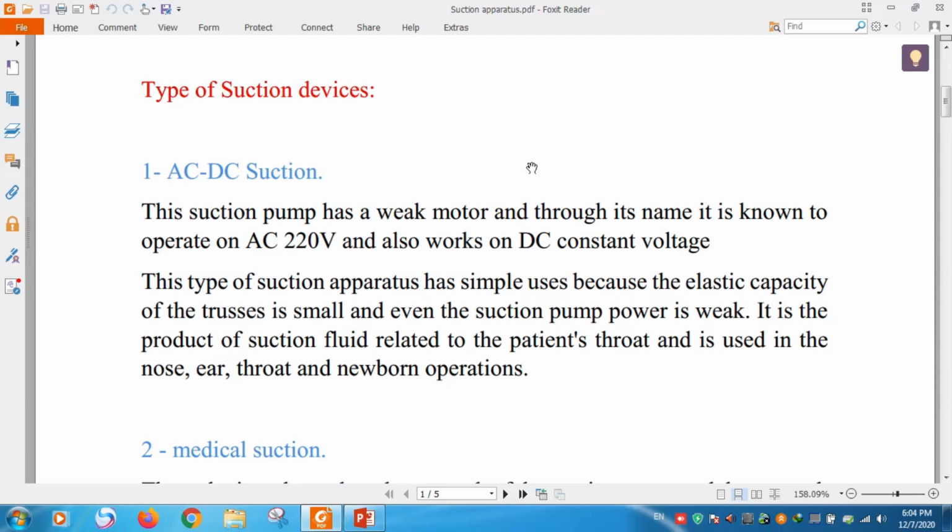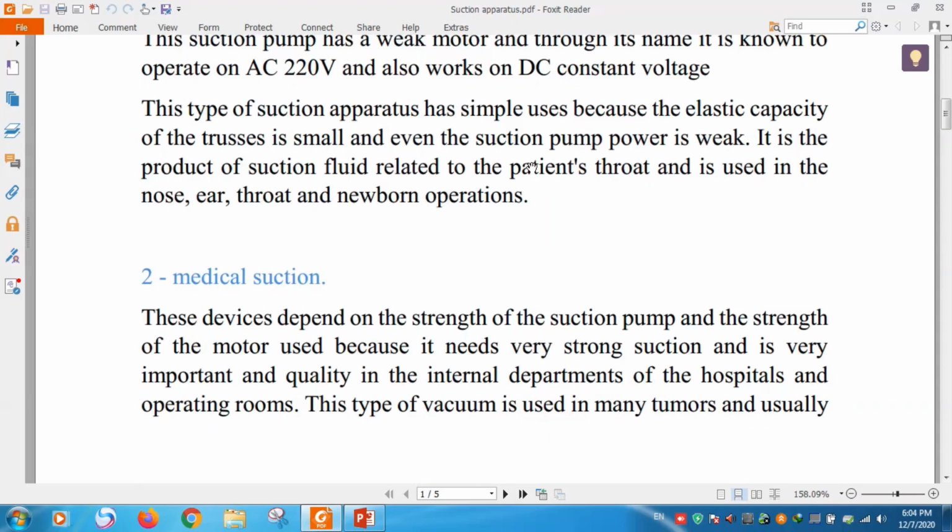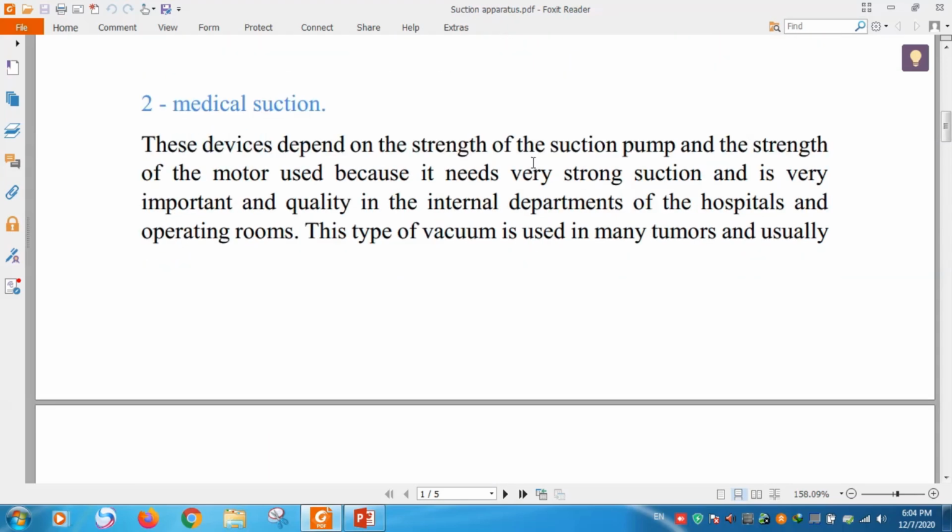This type of suction apparatus has simple use because the elastic capacity of the trusses is small and the suction pump power is weak. It is used for suction of fluid related to the patient's throat, in the nose, ear, throat, and newborn operations.